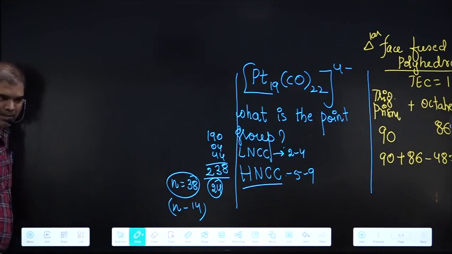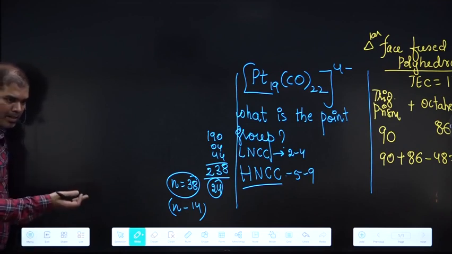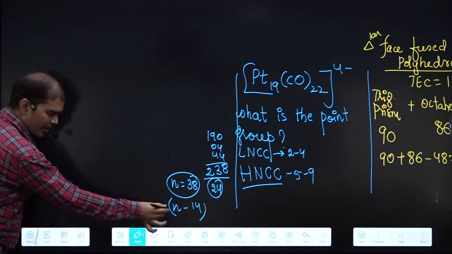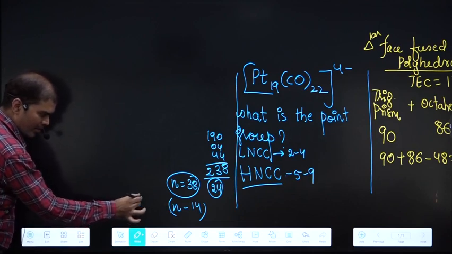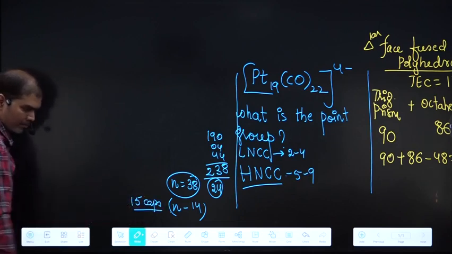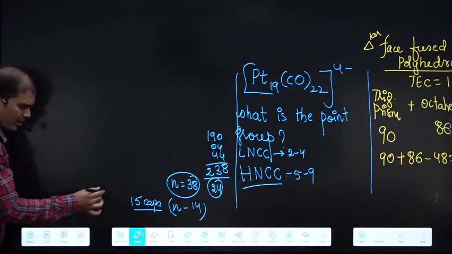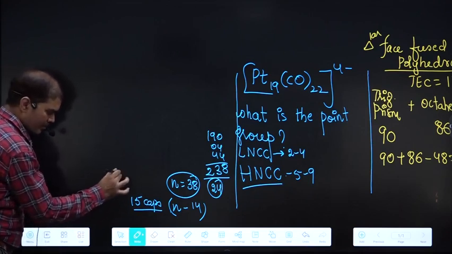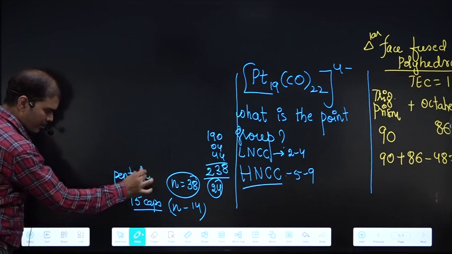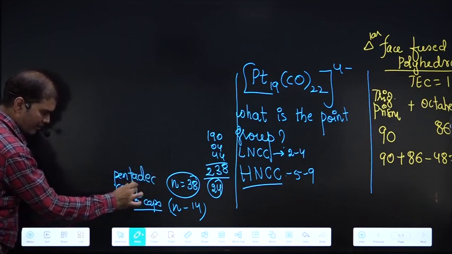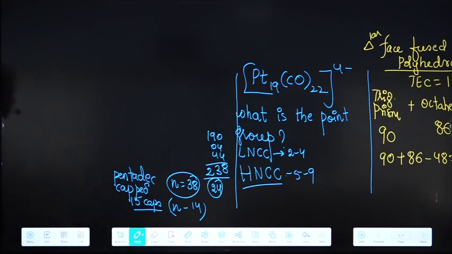If it is N minus 1, bicapped. N minus 2, tricapped. N minus 3, tetracapped. So the number of caps goes on. N minus 14 means 15 caps you have to get. It means pentadeca-capped.